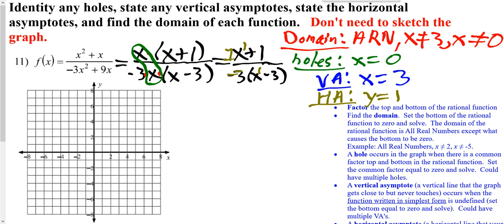We have a negative 3 here. So you take and divide those, that 1 on top over the negative 3 on the bottom, and that's your horizontal asymptote. Now, if you did need to go ahead and graph this, you'd make yourself a table, choosing at least 3 numbers on each side of any hole and vertical asymptote.